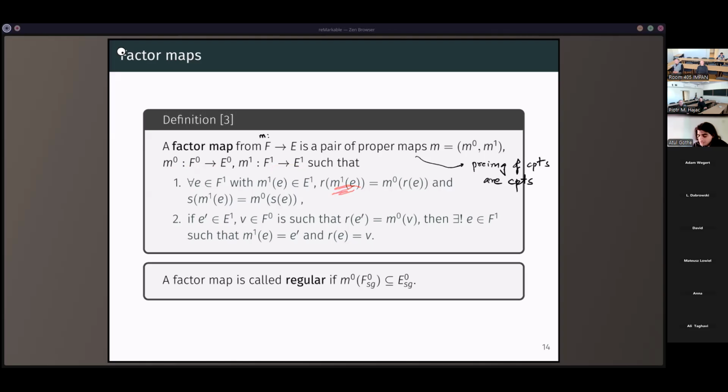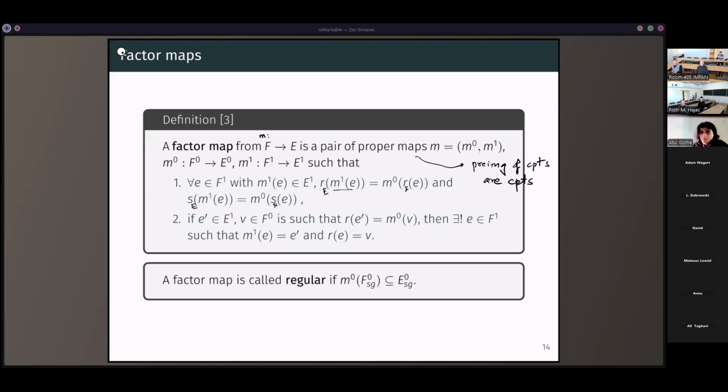That is, if we take the image of an edge under M1 first and then take the range, it should be the same as taking the range first and then taking M0. And the same with the source. If we take the image first and then the source, it should be the same as taking the source first and then the image. Here, maybe just for clarification, I can add that this is range in E while this is range in F. And the same with here.